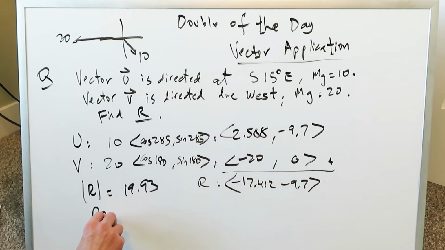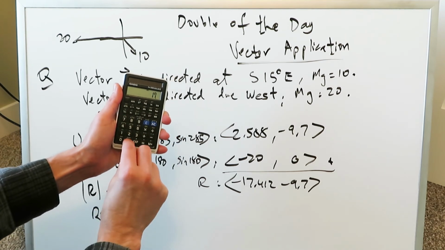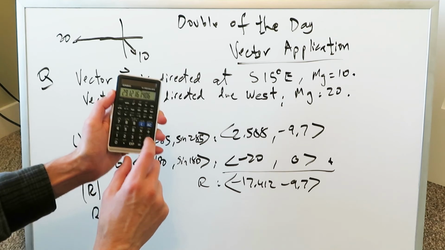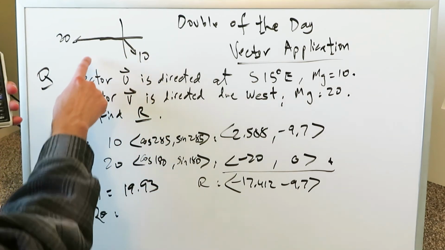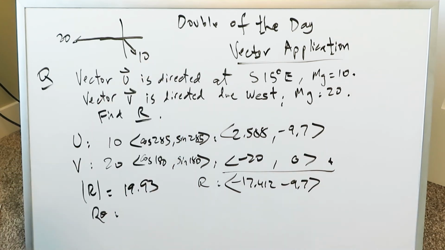Now let's find the angle of the resultant. The angle of the resultant is this divided by that, inverse tan. We're in the third quadrant. You'll do 9.7 divided by 17.412, inverse tan. I get 29 degrees, but because it's in the third quadrant, add it to 180. I'm getting 209 degrees. But I have to write this in the proper form.